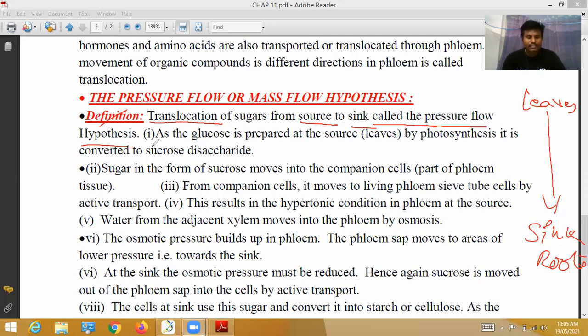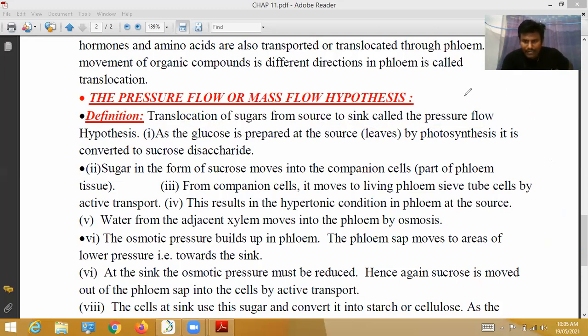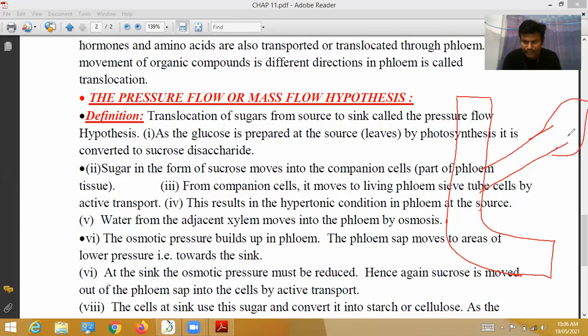So here, how the food material is moved from leaves to sink, that is what we have to see. We have to draw one diagram. I am drawing roughly. This is one branch. It is a leaf-like structure.